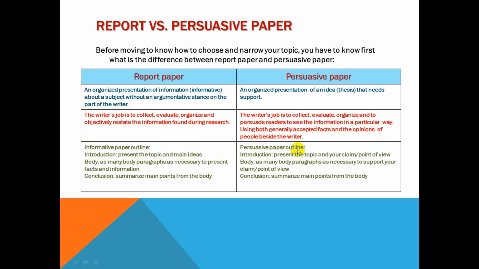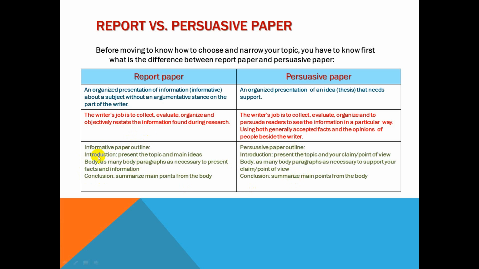Finally, I have the informative paper outline and the persuasive paper outline. Of course, you know the outline is how to organize the main parts of your topic, as advised by your professor. For the informative or report paper, we have the introduction, body, and conclusion. The same here: introduction, body, and conclusion.